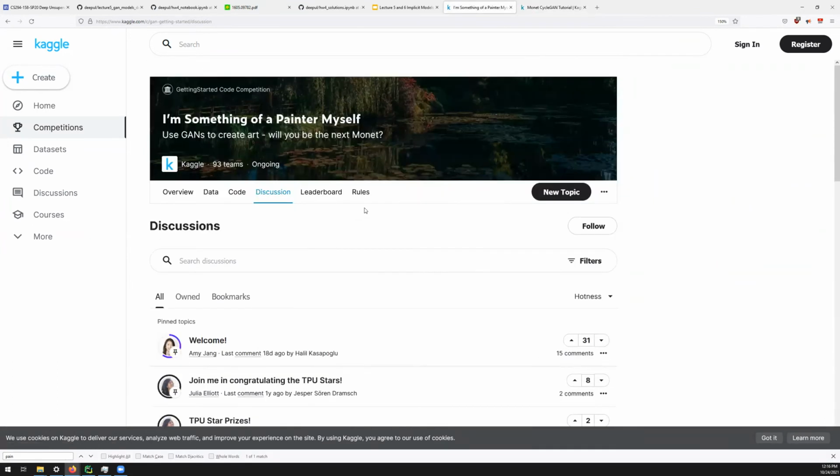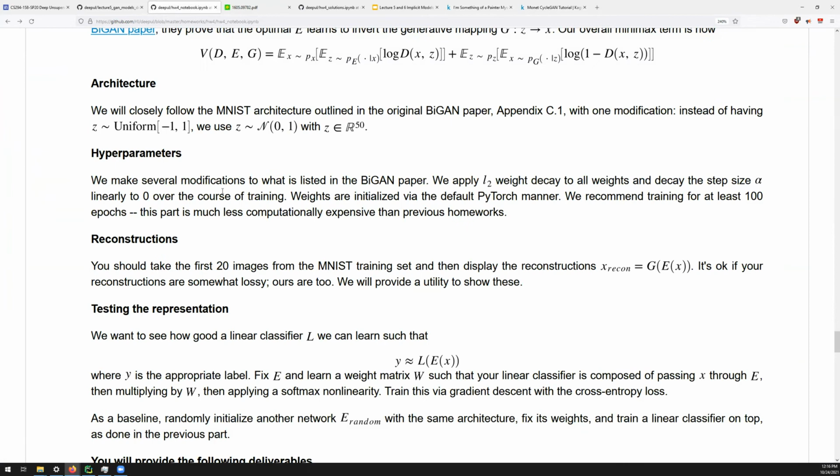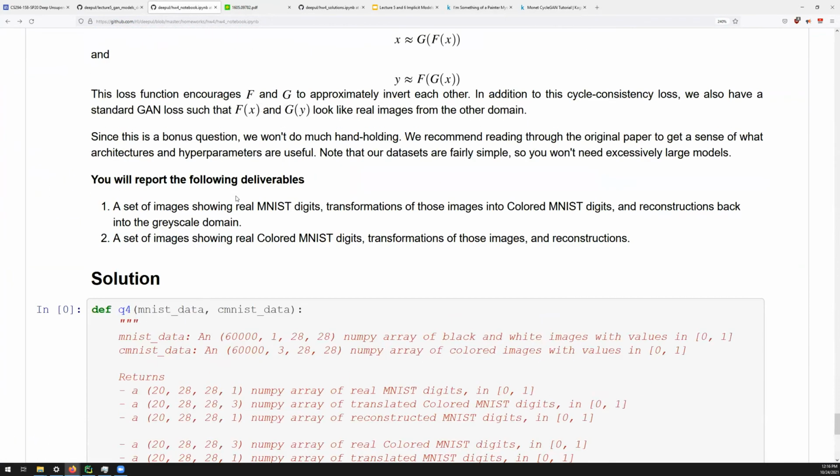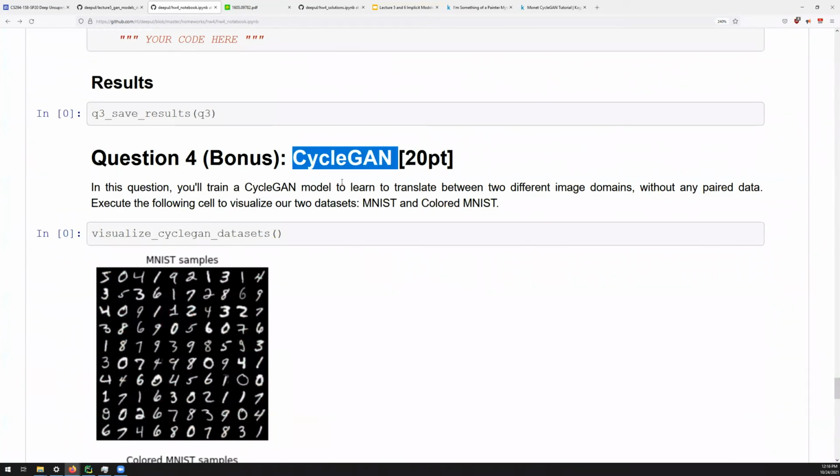This would be interesting to do, CycleGAN, because I think the bonus question was about CycleGAN, which I didn't attempt. If you're interested in CycleGAN, I would highly recommend a lecture and code from Jeremy Howard, from a couple of years back, probably the second part of the FastAI course.